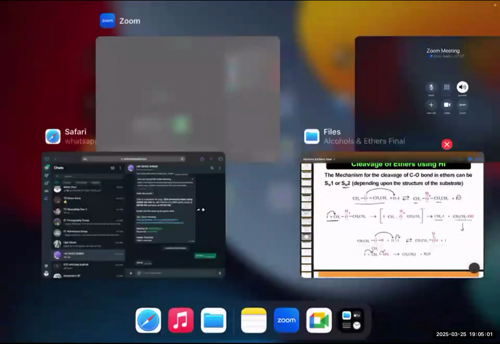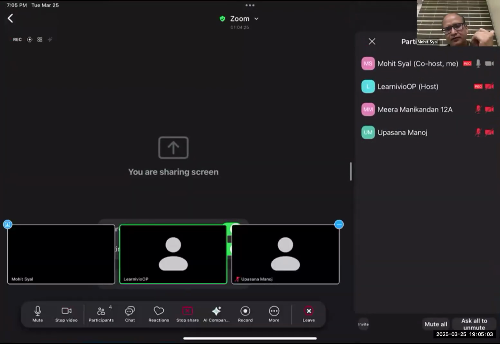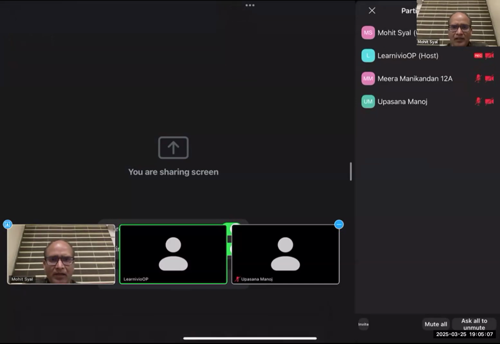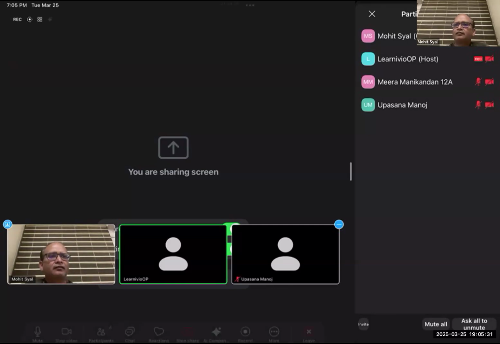Think in a very systematic manner. If it is SN2, I minus is going to come on the smaller alkyl. If it is SN1, meaning a cation, if anyone can form a stable cation, then I minus is going to come on the larger alkyl group which can form a stable cation. I hope this is clear, right?